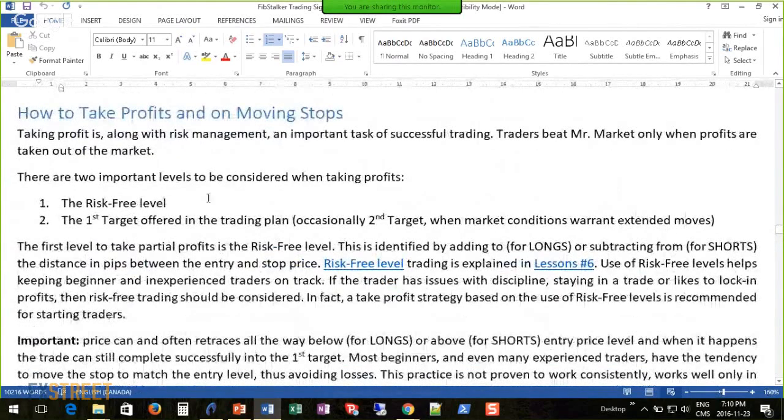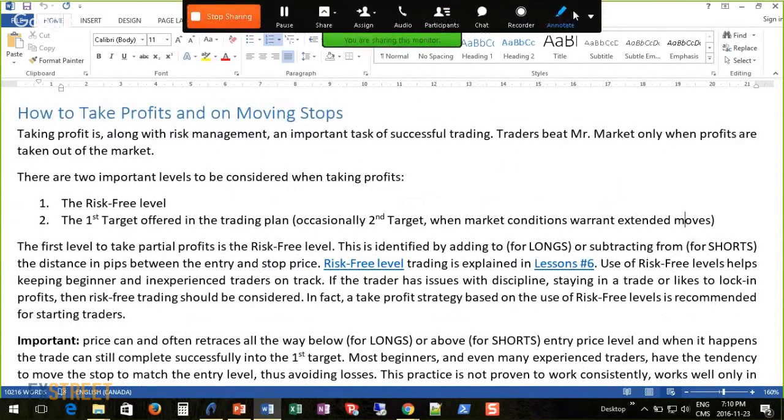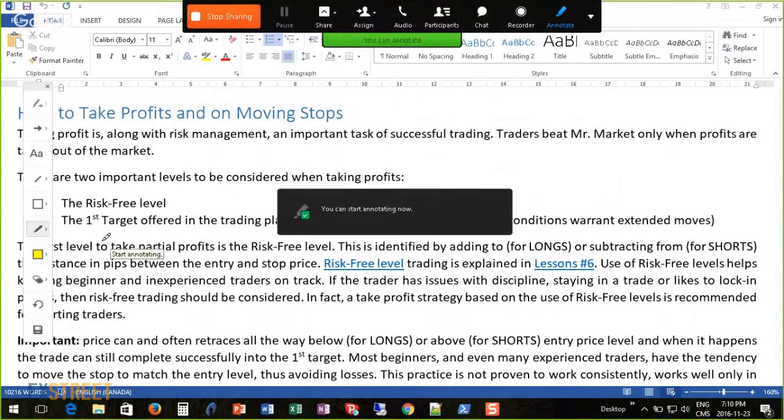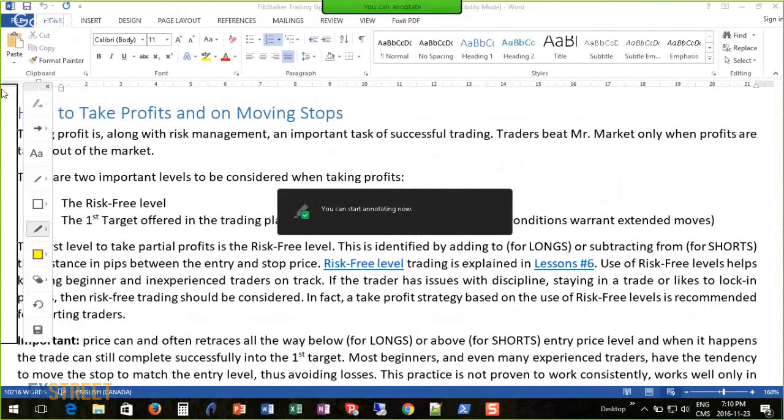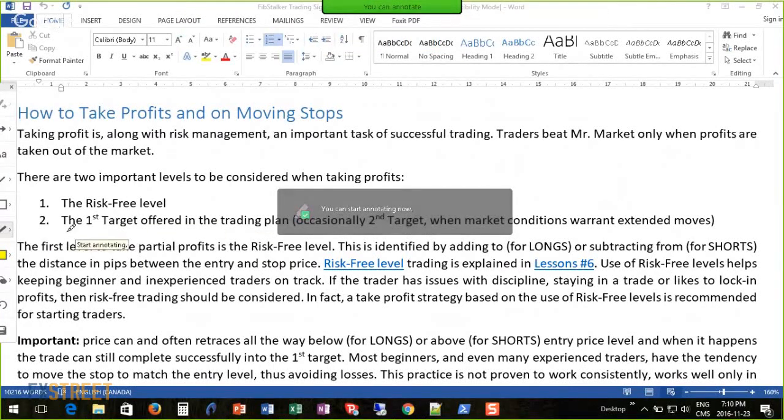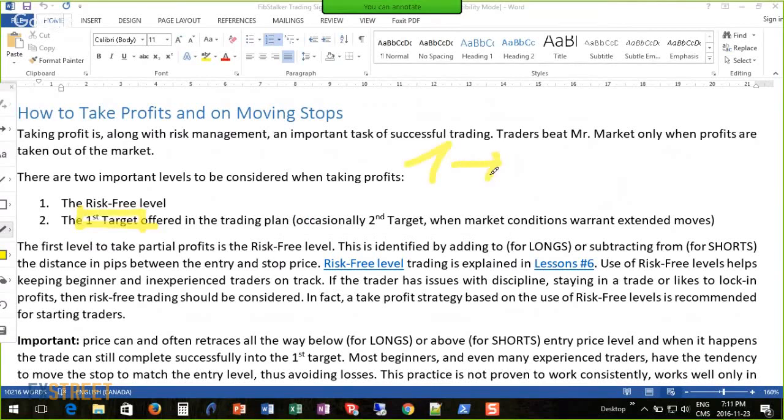the risk-free level strategy, strategy number 1, and the second one is basically taking profits, never taking partial profits out, at least until we get to the first target. Now, my trades typically can have 1 or 2 targets.